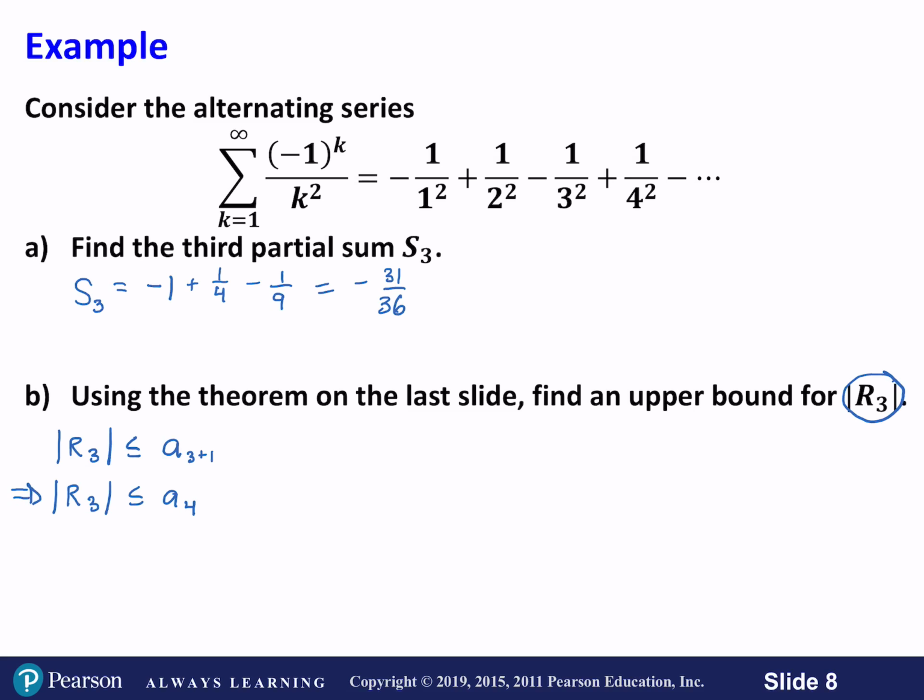So this was negative A1. This was positive A2. This was negative A3. And this was positive A4.